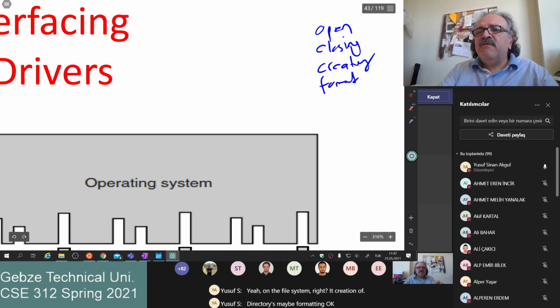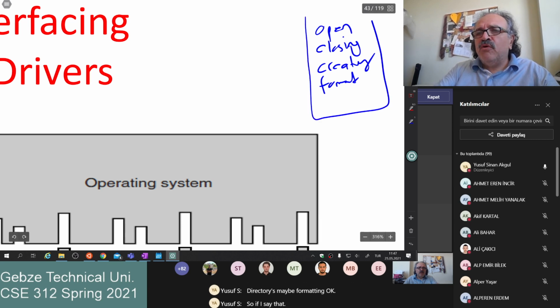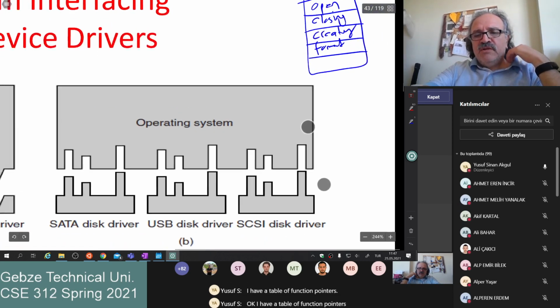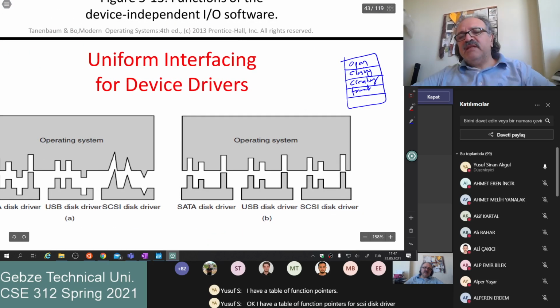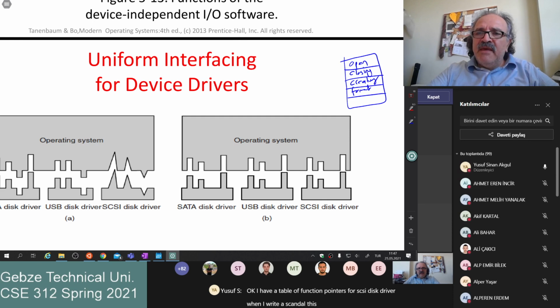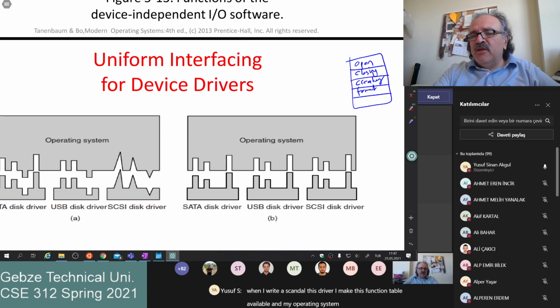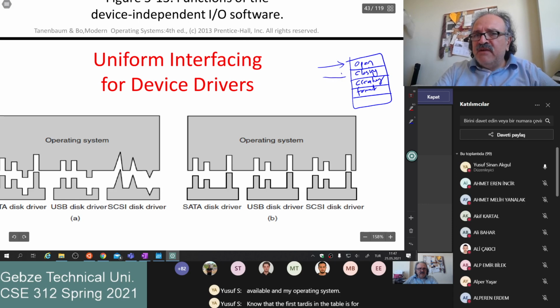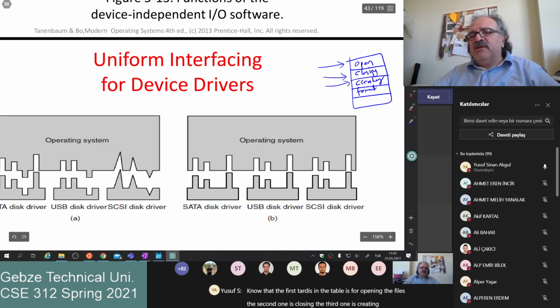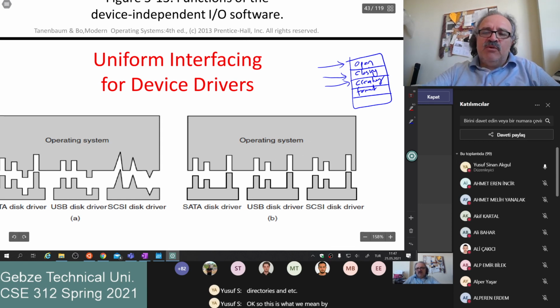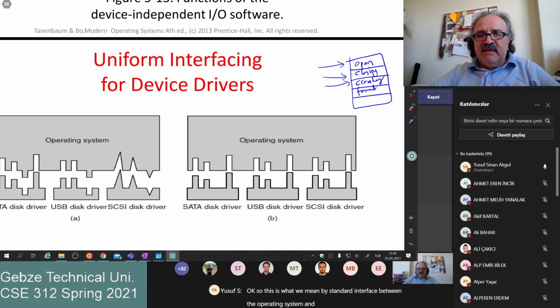So I have a table of function pointers for the SCSI disk driver. When I write a SCSI disk driver, I make this function table available, and my operating system knows that the first address in the table is for opening the files, the second one is closing, the third one is creating directories, and so on. So this is what we mean by standard interface between the operating system and the device driver.